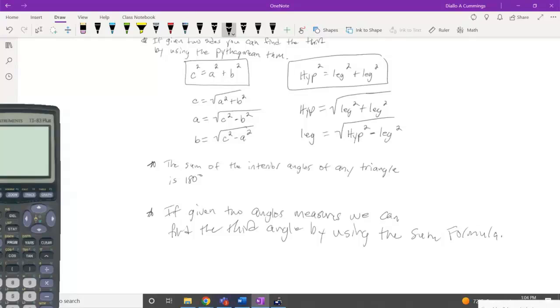And that sum formula is based off the fact that if you add up all of the interior angles in any triangle, they have to equal 180. So if you're given two angles of a triangle, you can add those two angles up, subtract from 180, and that'll give you that third angle.